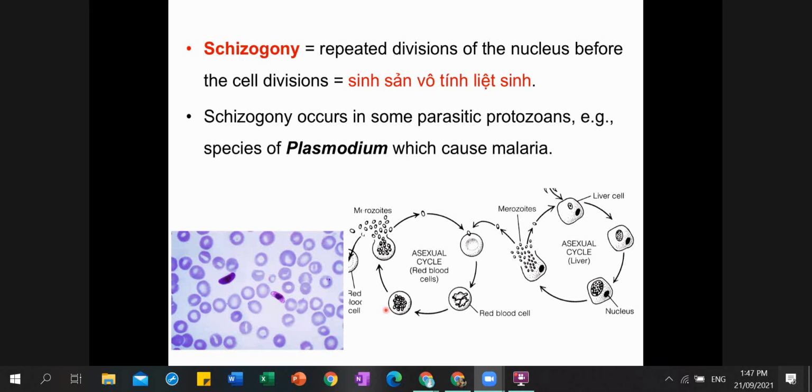Now, what is the effect? When they are in the liver, the symptoms are not very obvious because they just stay there. But when they start attacking the red blood cells, this is what happens. When they break the red blood cells to release their merozoites into the blood, only then does the immune system of the human body detect the parasites.